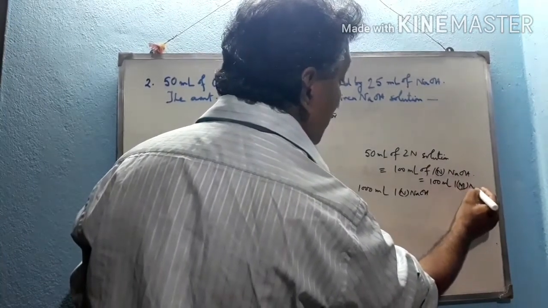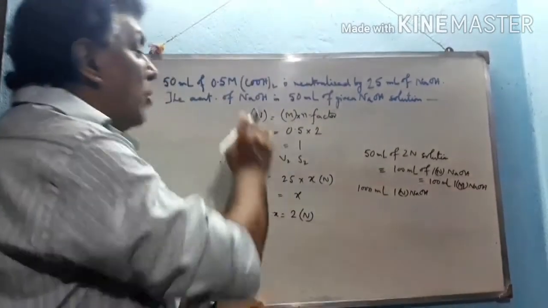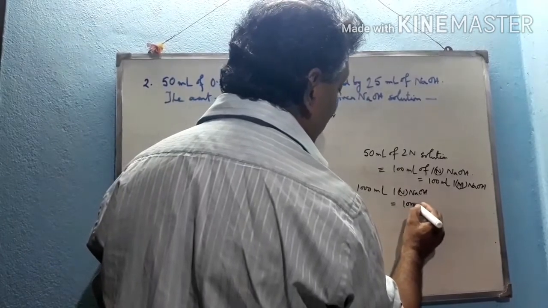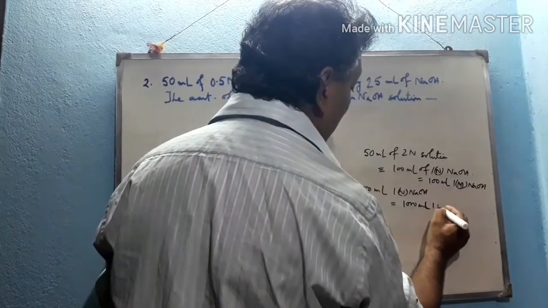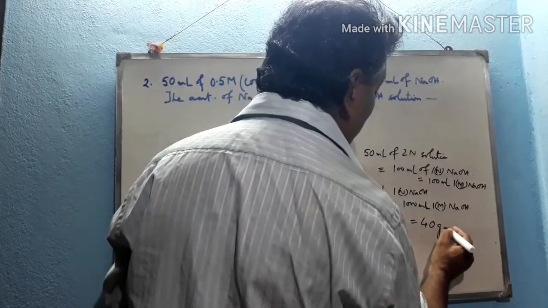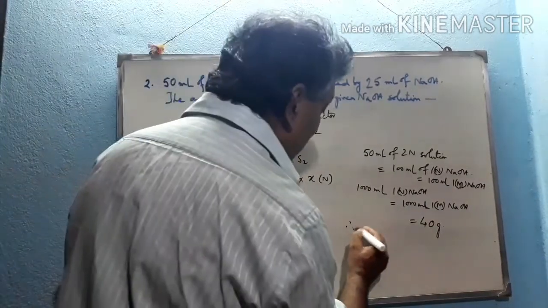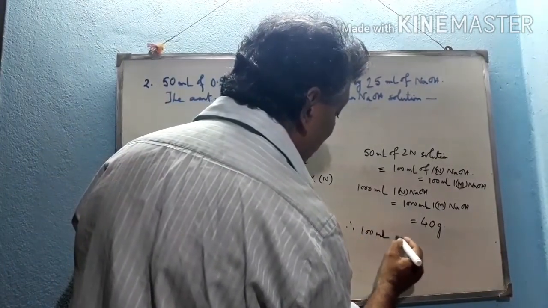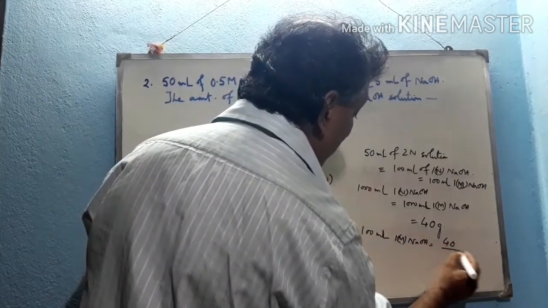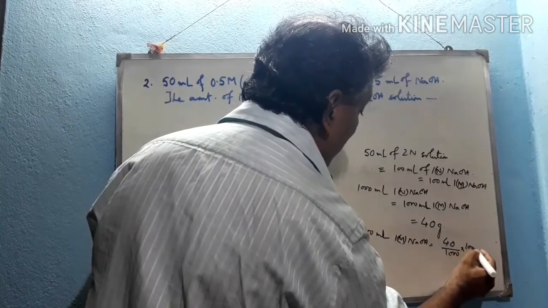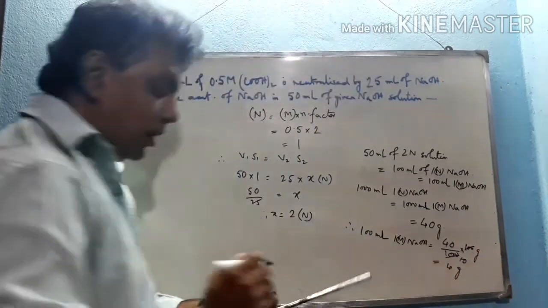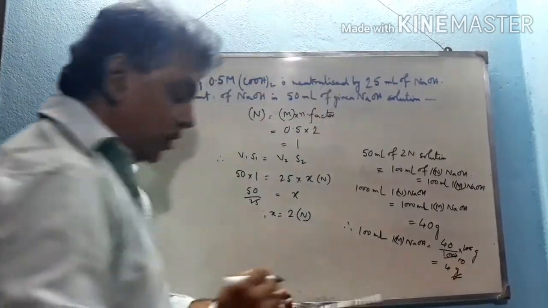Because here the n factor is 1, normality equals molarity. 1000 ml of 1 normal NaOH is equal to 1000 ml of 1 molar NaOH, which contains 40 gram of NaOH, because the molar mass of sodium hydroxide is 40 gram. Therefore 100 ml of 1 normal or 1 molar NaOH solution contains 40 by 1000 into 100, that means 4 gram of NaOH. This is the final answer, the amount of NaOH.